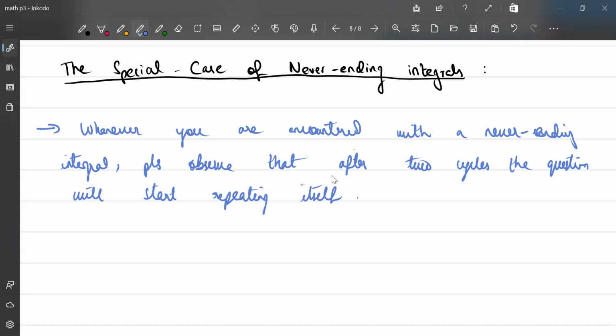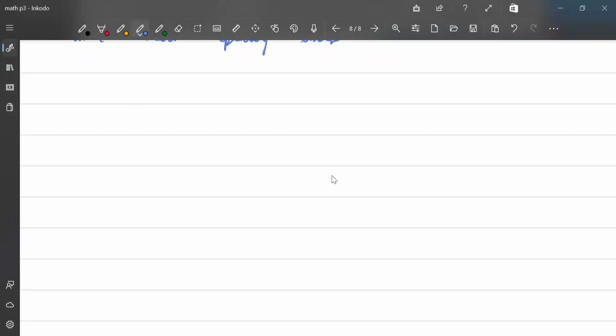All right. After two cycles, the question repeats itself. Now let's do it through an example and figure out how to solve it.